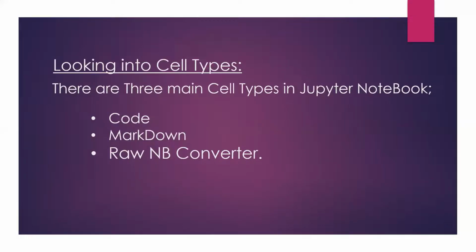There are basically 3 main cell types: code cell, markdown cell, and raw NB cell. We discussed some features of the code cell and markdown cell, and we discussed that the raw NB converter will not be used in this course, and it is normally not used because the kernel does not load it.